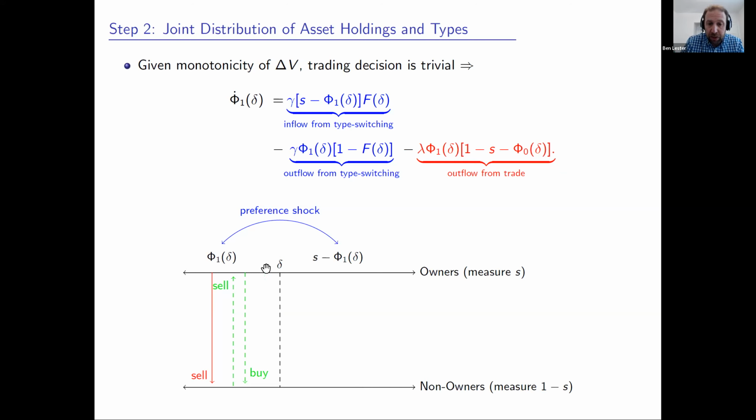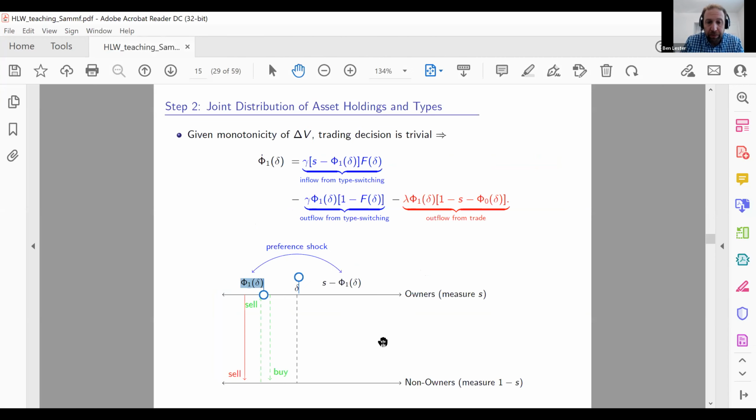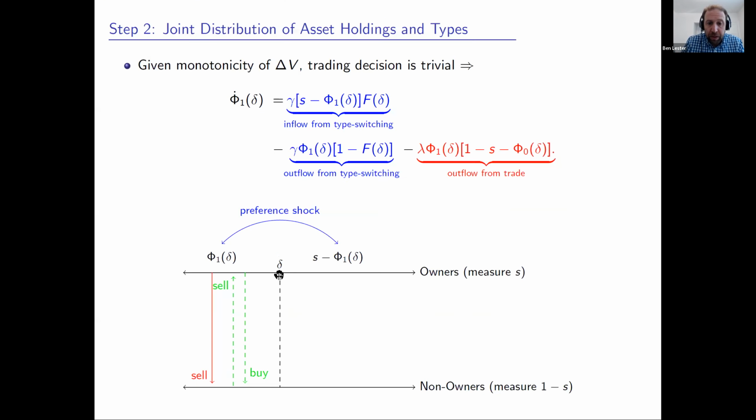And we are essentially looking at this set along this upper parallel line, below delta, okay? So how can people exit this set here? Well, of course they could get a preference shock.